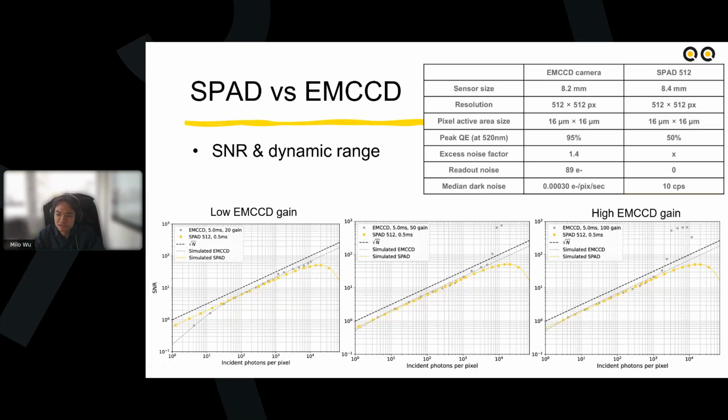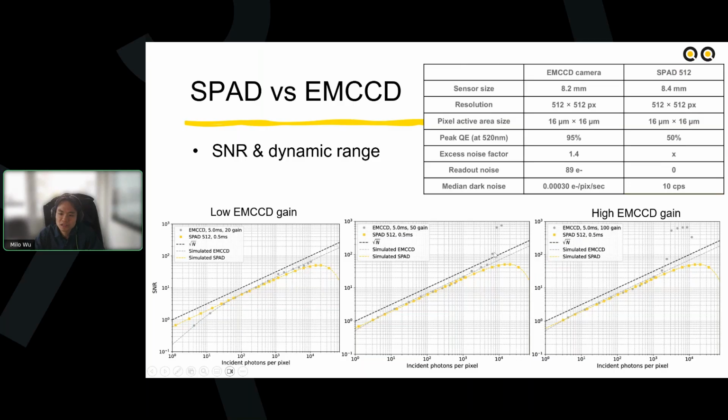Now, if we work in a higher gain mode of the EMCCD to lower the effect of readout noise, you will see that the performance of the two cameras starts to converge. So they're very similar in the low light regime, but if you work in a high EMCCD gain mode, you will lower the dynamic range because in an EMCCD you will simply saturate faster than the SPAD camera.